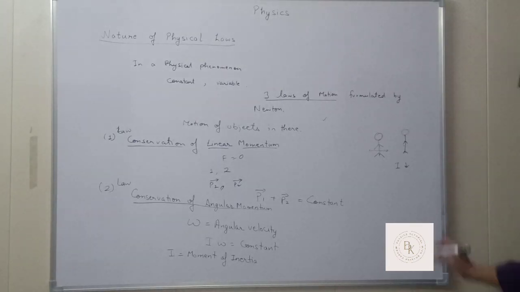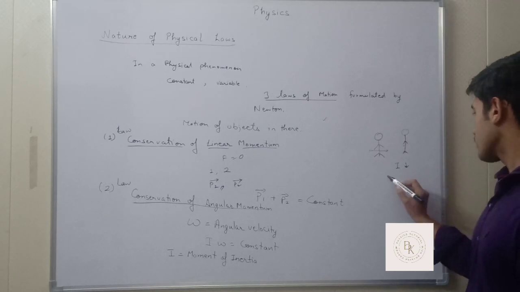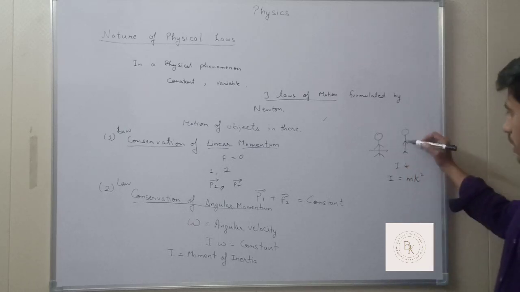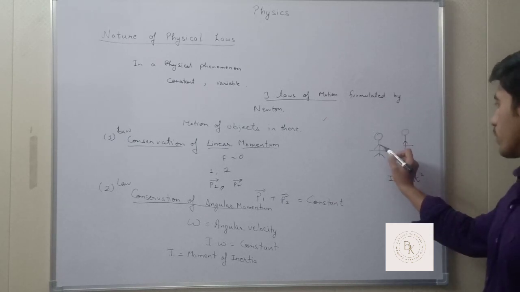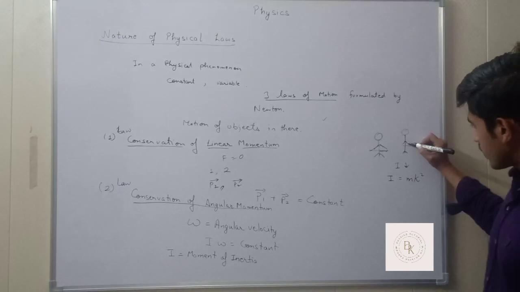And how does it happen? The moment of inertia is mk square, where k is the distance from the axis towards the extreme point. Here the extreme point is here, but here the extreme point is here.